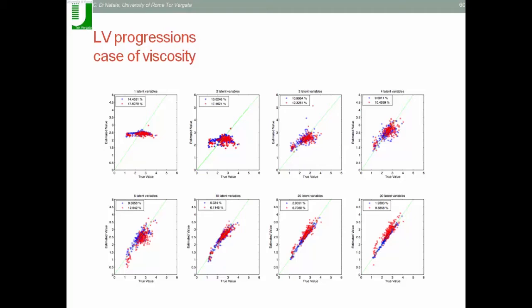When we introduce the third latent variable, correlation between estimated and true value starts to occur. You see that the data starts to be oriented along the 45 degree line. As we go ahead, we have a shrinking of the data along the 45 degree line. So it means that it's going quite well.